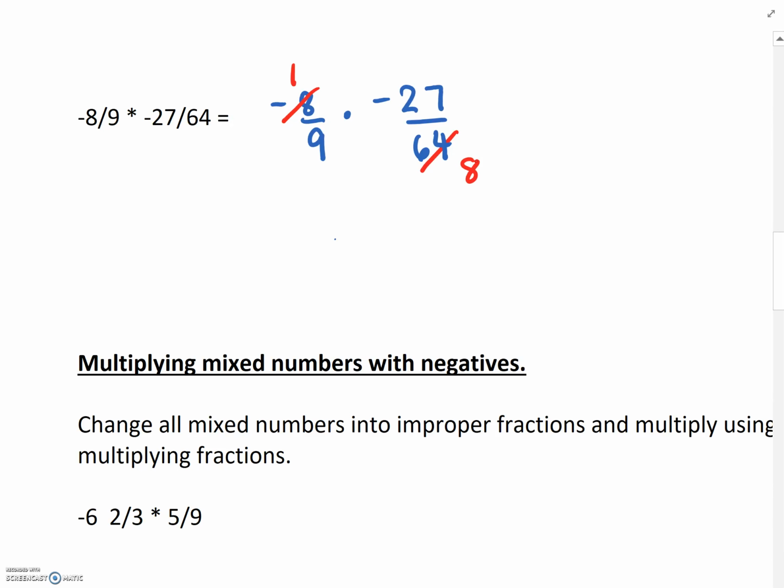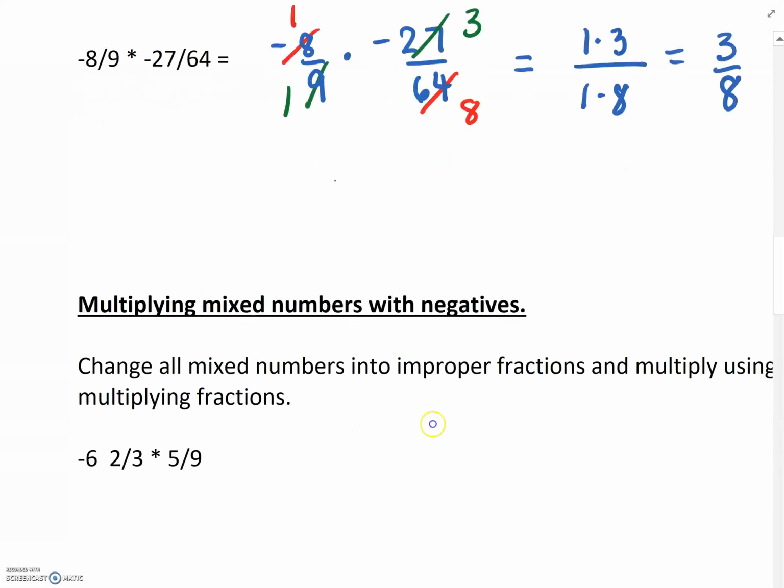With 9 and negative 27, 9 goes into 9 once. 9 goes into 27 3 times. Again, I'm just going to remember my first fraction is negative, my second fraction is negative, and when you multiply two negatives, that gives you a positive answer. So my numerator is 1 times 3. So I already know this is positive. I don't need to bring any negatives over. My denominator is 1 times 8, so I get 3/8.